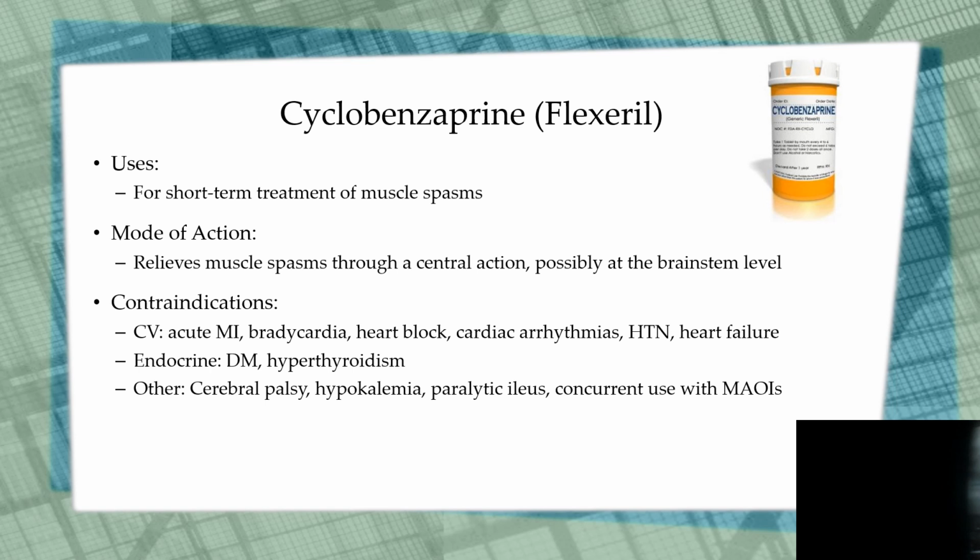Contraindications include cerebrovascular conditions like acute myocardial infarction, bradycardia, heart block, cardiac arrhythmias, high blood pressure, heart failure, endocrine disorders such as diabetes mellitus and hyperthyroidism. And then you have other disorders such as cerebral palsy, hypokalemia, paralytic ileus, and concurrent use with the MAOIs.